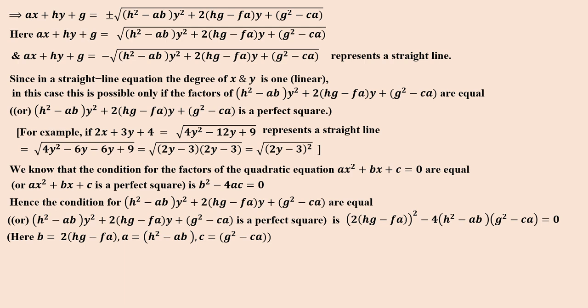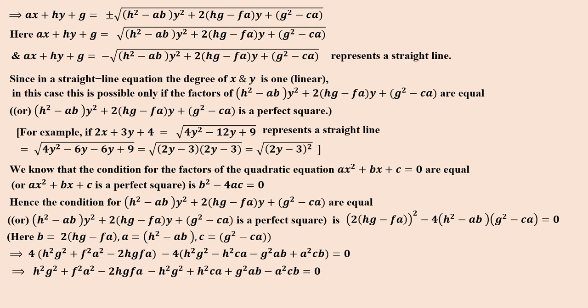Substituting in that, squaring both sides, so squaring that first term, 2 square is 4, and with the a minus b whole square formula, h square g square plus f square a square minus 2hg fa minus, we are multiplying each and every term, removing the bracket, h square g square minus h square ca minus g square ab plus a square cb, which is equal to 0.